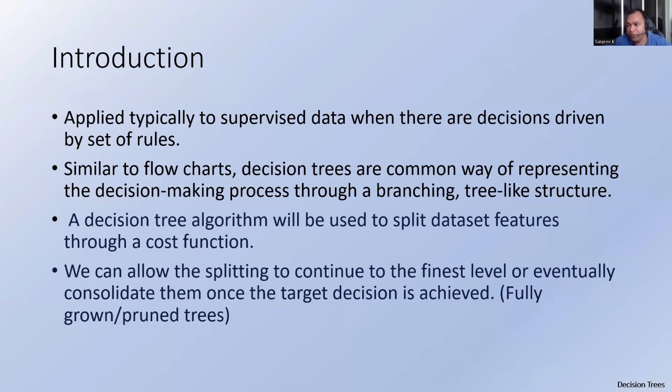For these types of data sets, I think decision trees can work very well. Whenever we have data sets where we can draw the decisions based on simple questions, simple flowcharts, we can use decision trees, and we can keep on asking these questions until we reach our final answer.